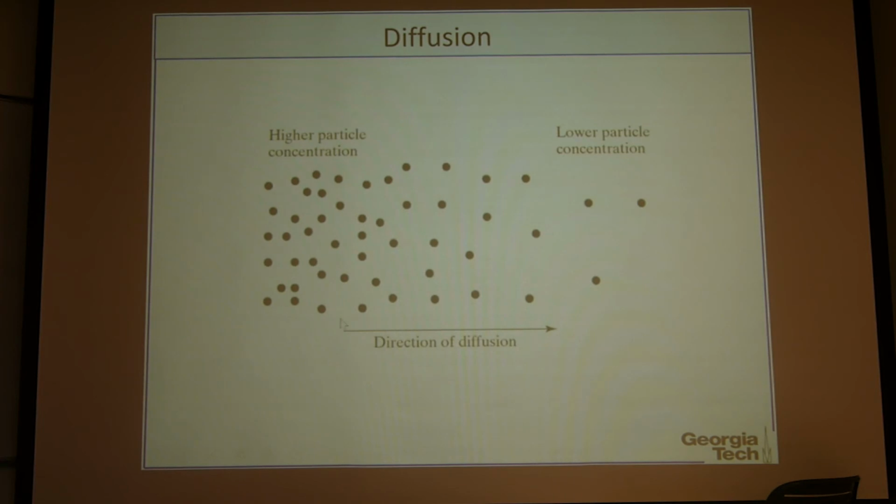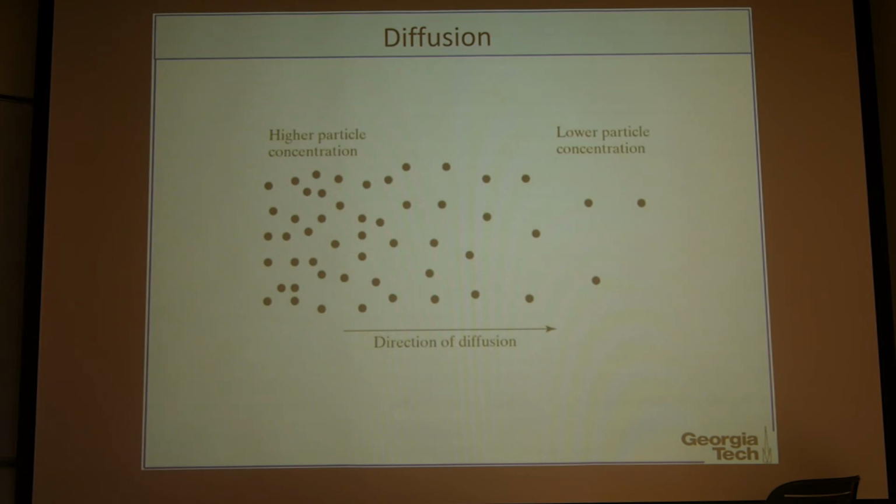Those particles tend to diffuse from higher concentration to lower concentration. This mechanism is called diffusion, and the direction of the diffusion is always from the higher concentration to the lower concentration. This is due to thermodynamics. They want to be stabilized.